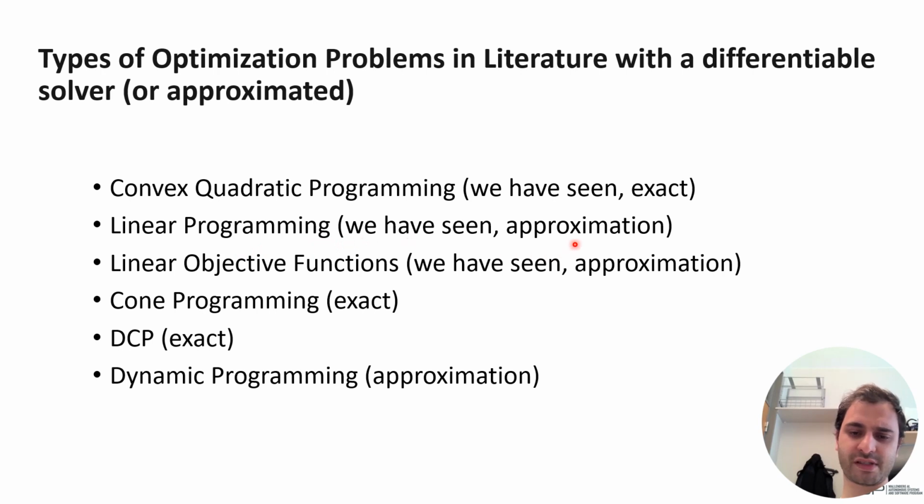Linear programming we have seen also, they are mainly approximation works. Linear objective function, they are also approximation works. Cone programming, exact works. DCP, exact differentiation. And dynamic programming is approximation.